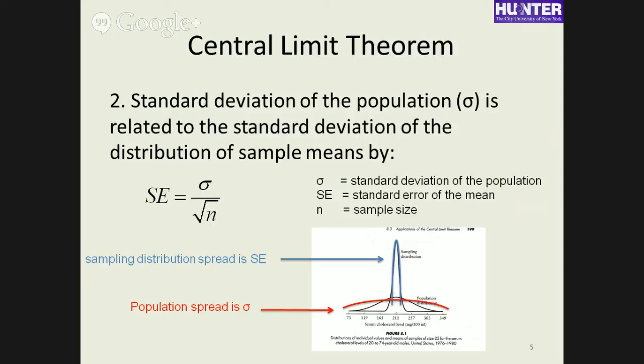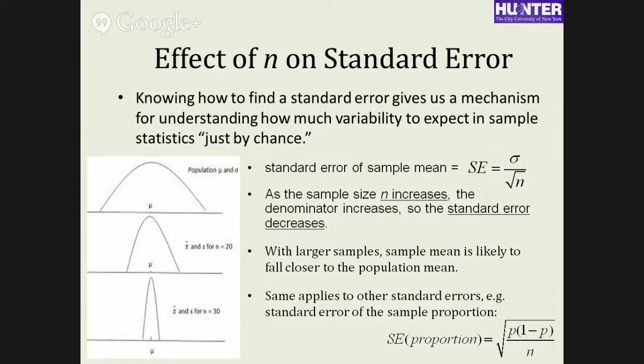And this is true in the large sample limit. In the large sample limit, it doesn't matter what your population distribution is. This is what your sampling distribution will be. It'll be normally distributed with this standard deviation.